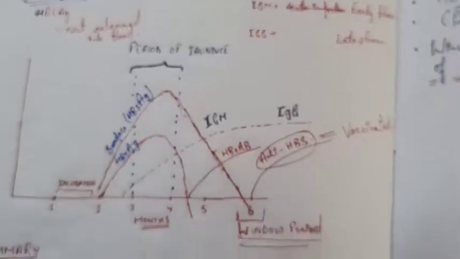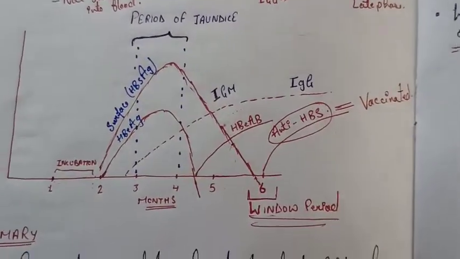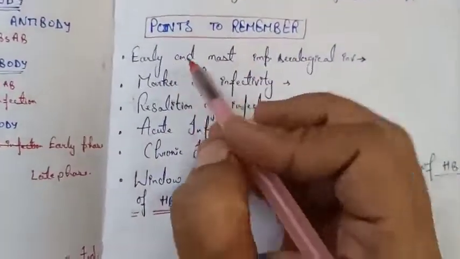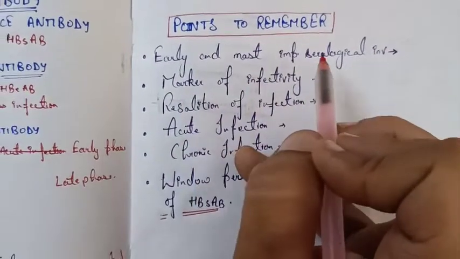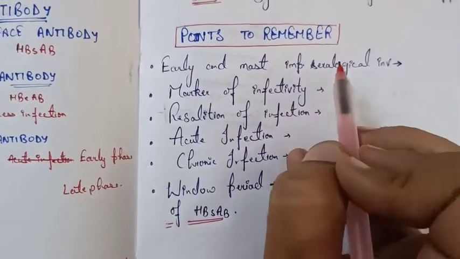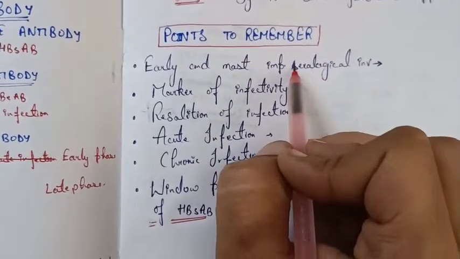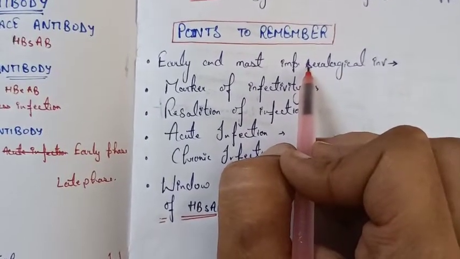Now we will do a short exercise. This exercise will help you remember whatever I told you in this little video. Number one question: the early and most important serological investigation, or serological marker. I told you in the video which serological marker comes earliest.